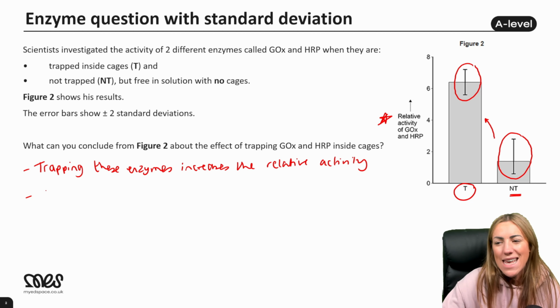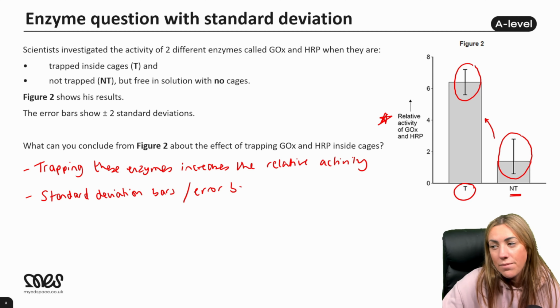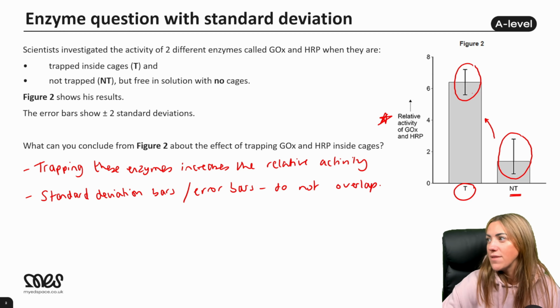So what we can see here is the standard deviations, or the standard deviation bars, or we can call them error bars, do not overlap. Now, what we mean by that is if you look at this error bar, you can see it finishes here. And if you look at this error bar, you can see it finishes here.